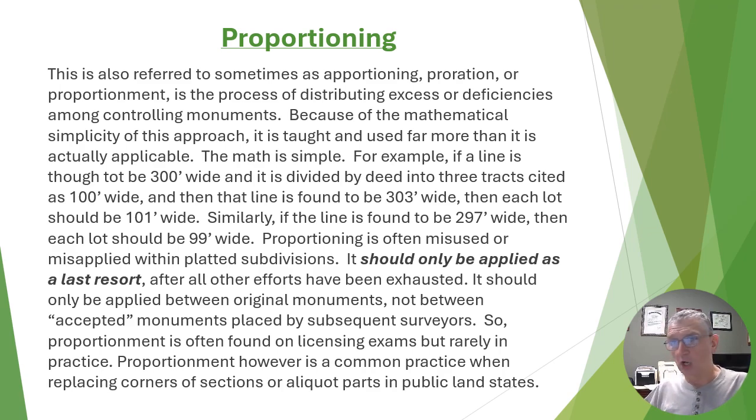If you've got a 100-year-old plat that shows a bunch of lots with 65 feet of road frontage in DeKalb County, like I just did, and you've got two lots that are 64 feet apart, and you got an open top pipe and a rebar, and then you skipped 3 lots, it should be 195 feet.